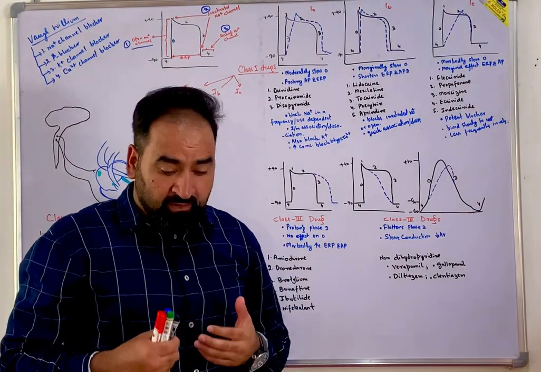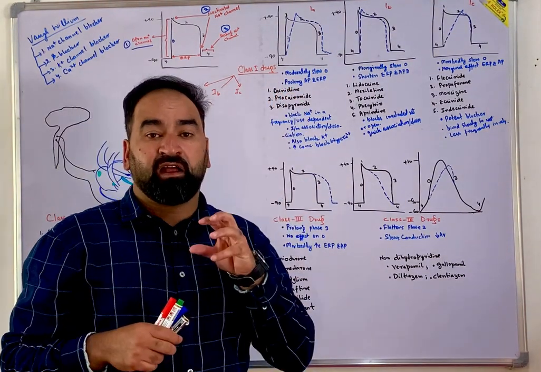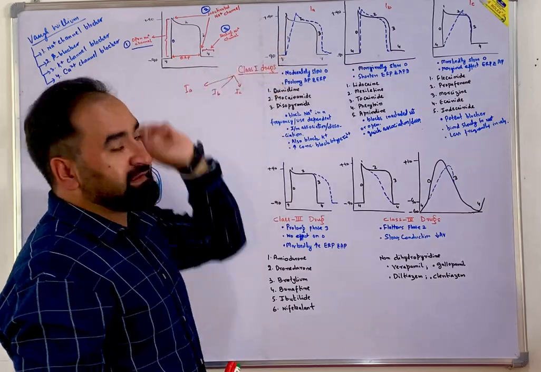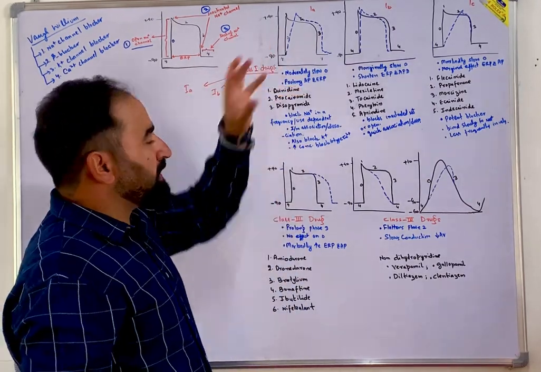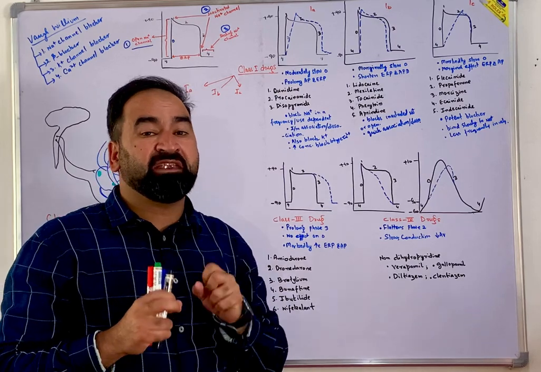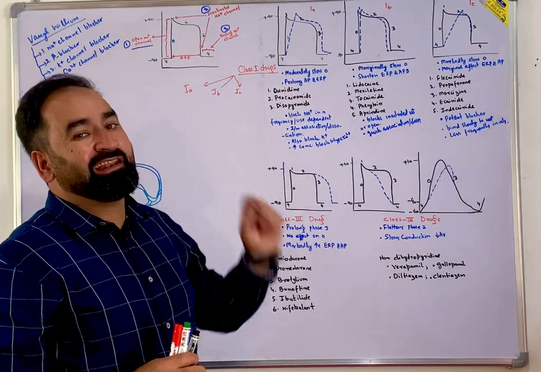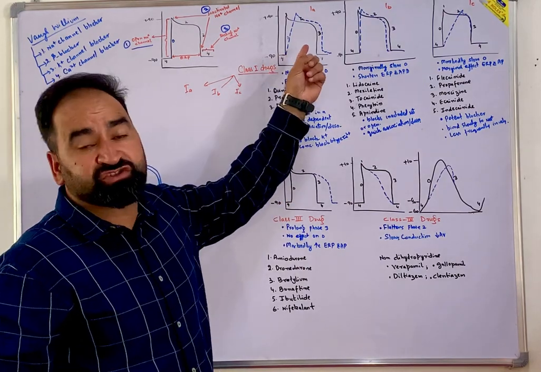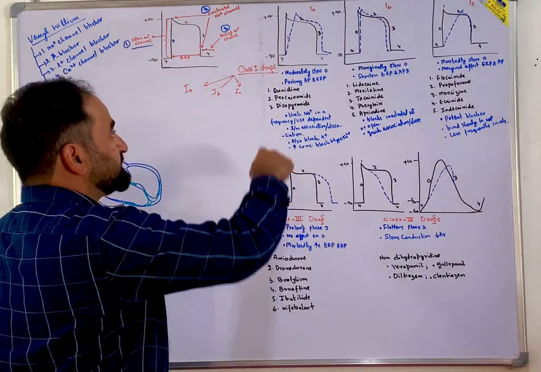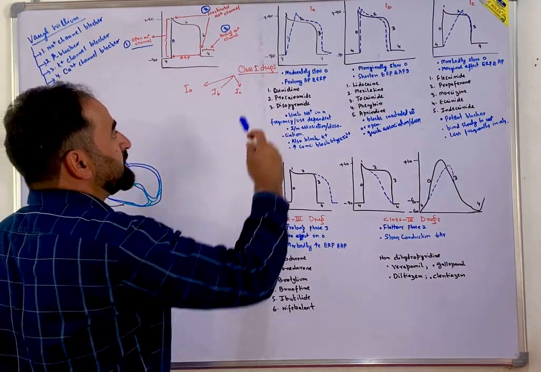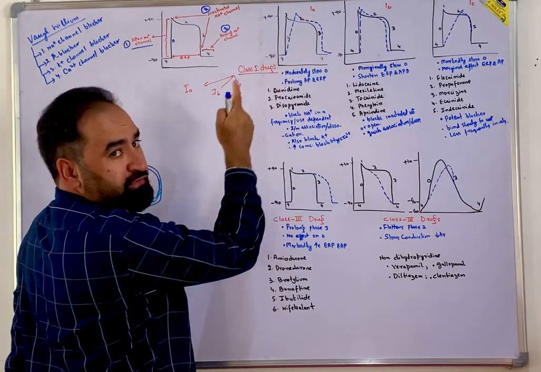When your heartbeat is more, the frequency of these drugs getting attached is more. And when your heart rate is less, it attaches to the sodium channel less. That is a use dependent blockade.